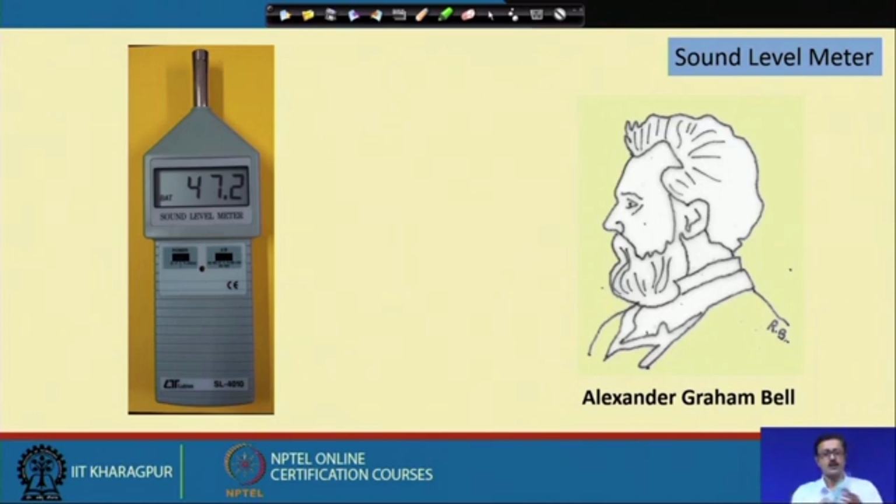So, I have a sound level meter with me, and if you see it, it has a power button. You have to switch on the power button, and then there is a range, you can set the range from the minimum to the medium to the maximum, and there is a microphone attached to the arm on the top.